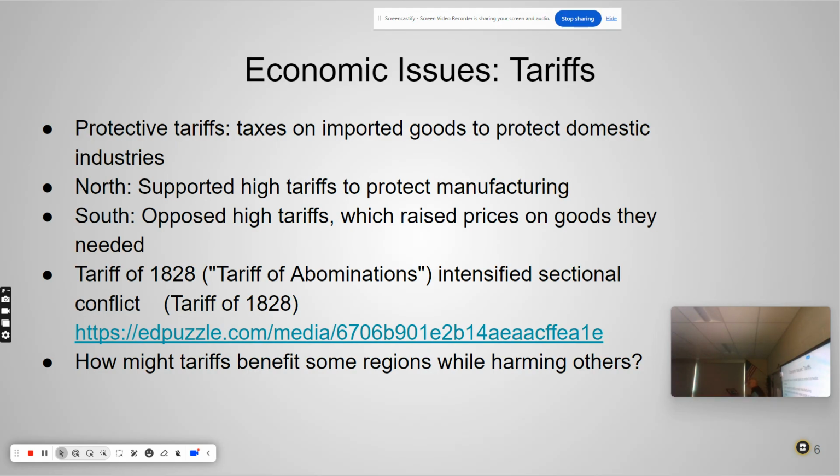Some Native Americans would be used as indentured servants. Some might be used as slaves. You've got to remember, by this time in our history, slavery is almost entirely based on skin color.